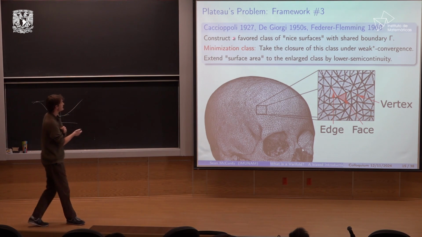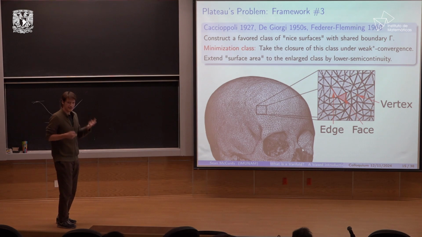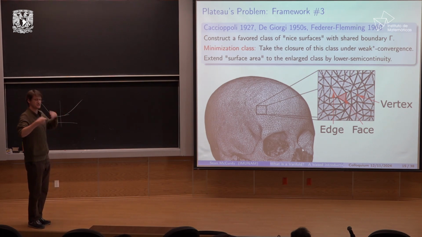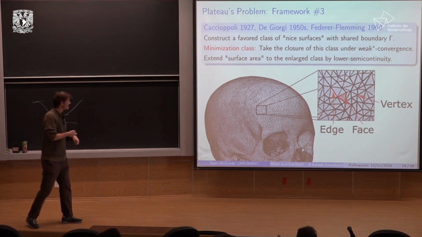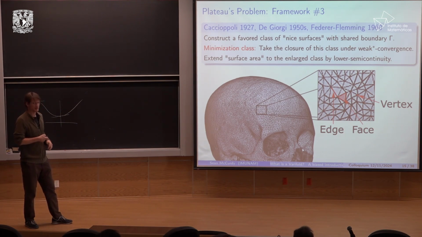But the basic idea is to construct some favored class of nice surfaces. Maybe they're just triangulations, collections of triangles that we put together to form some nice surface. And on that nice class, it's very easy to define surface area, boundary, all of these things, and to look at those as objects which are currents. And then we're going to take the closure of that class under this weak star convergence, and that's the class that we're going to minimize in.